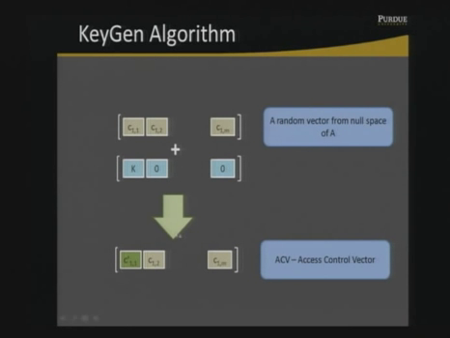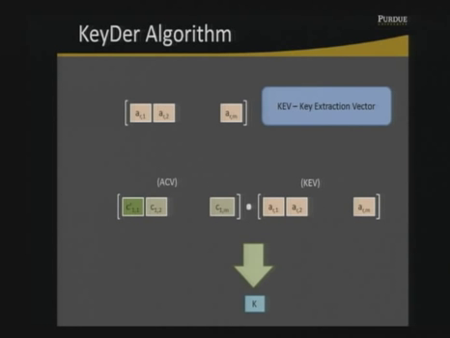So it generates this special vector, we call it the access control vector, and this is the public information. Users who have valid secrets can also generate a special vector. We call that the key extraction vector. The magic here is when they take the inner product of this public information and the key extraction vector, it cancels out everything and gives the key.